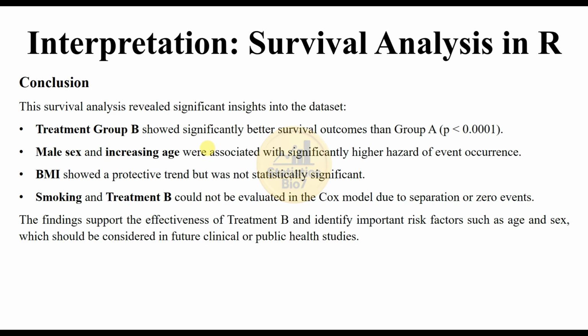BMI showed a protective trend but was not statistically significant. Smoking and treatment B could not be evaluated in the Cox model due to separation or zero events. The findings support the effectiveness of treatment B and identify important risk factors such as age and sex, which should be considered in future clinical or public health studies.